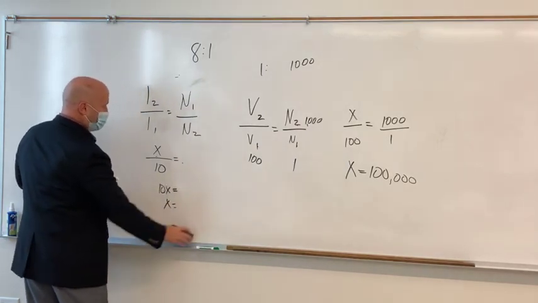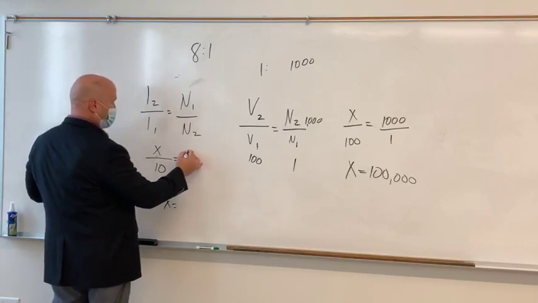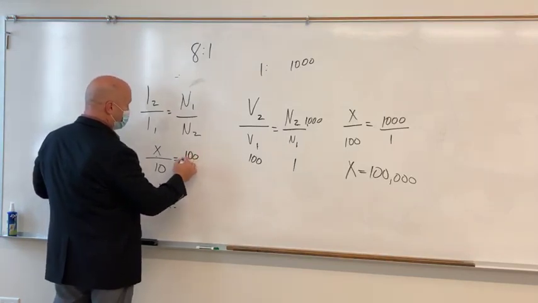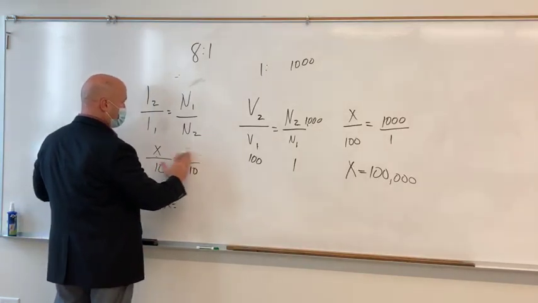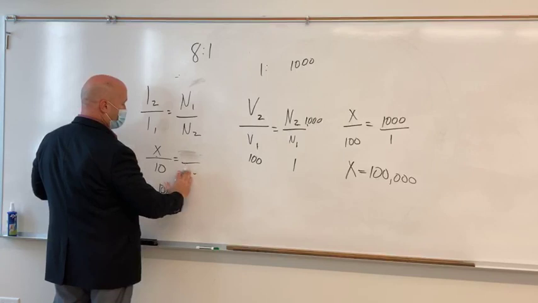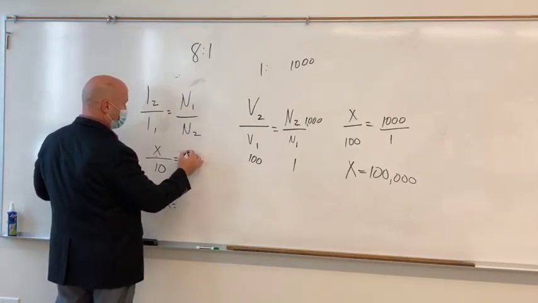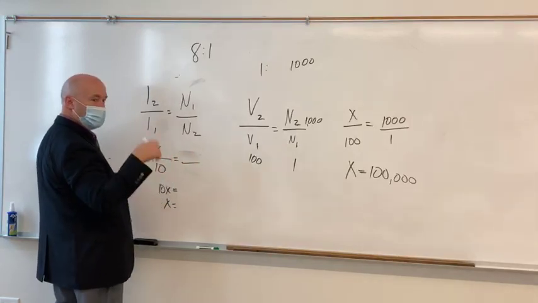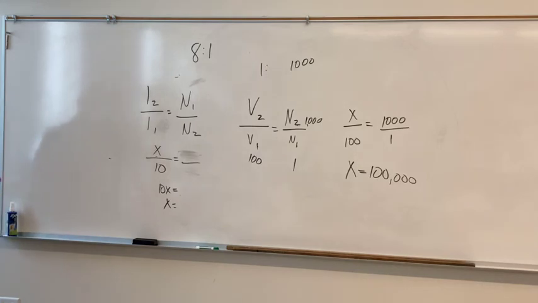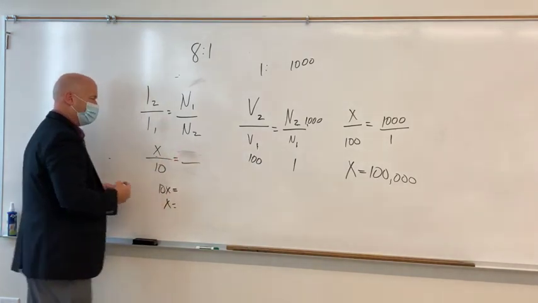I'll work through this, but it should decrease. I'm going to have more turns on the primary side than on the secondary side. Less turns on the secondary side. On the secondary side you'll have more turns for a step up. For a step down, I'm going to have more turns on the primary side. What am I doing wrong here?